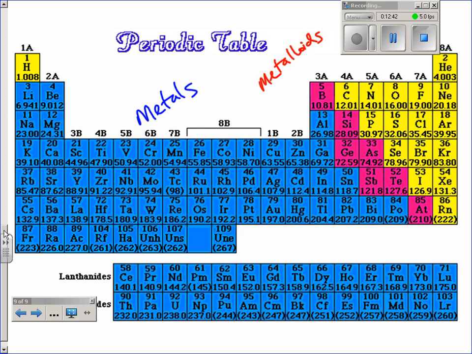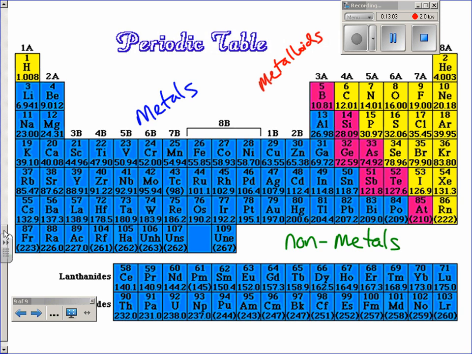So we have the metals, the metalloids, and the yellow. What do you suppose the yellow elements are? The non-metals.